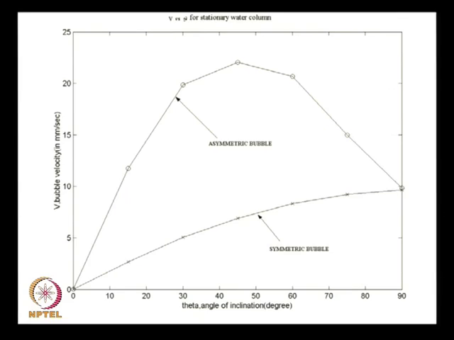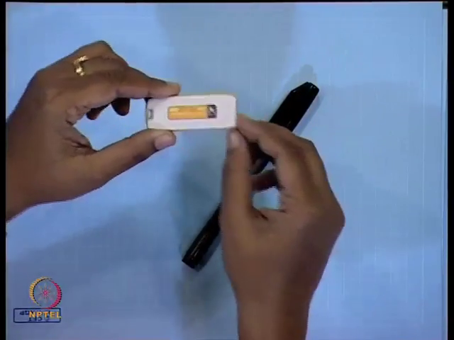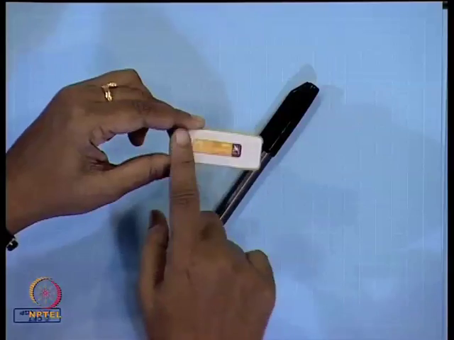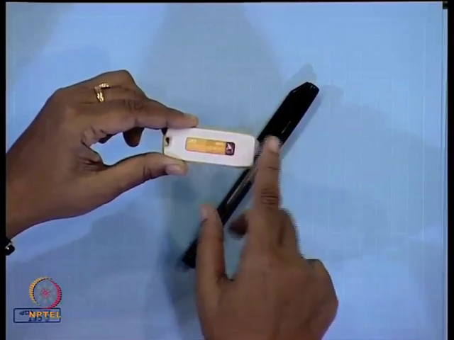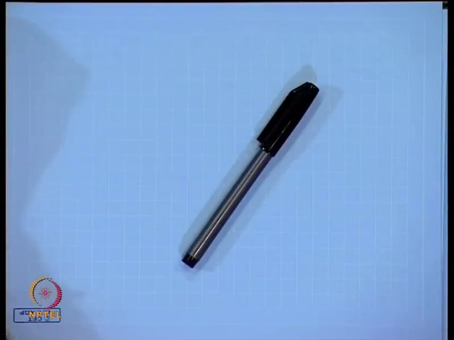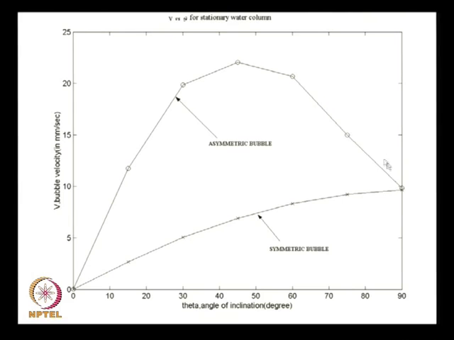We found out that when the bubble was in this particular orientation, when the broad face is perpendicular to the vertical axis, whatever we had seen earlier, the same thing happens. The rise velocity went on increasing with inclination, it reached a maximum and then it decreased.